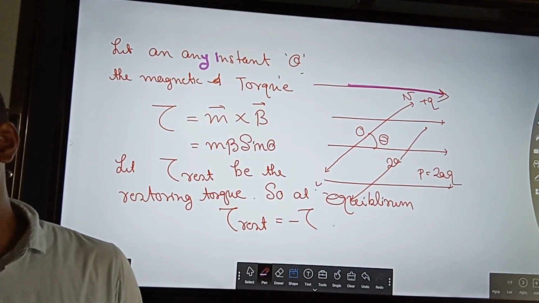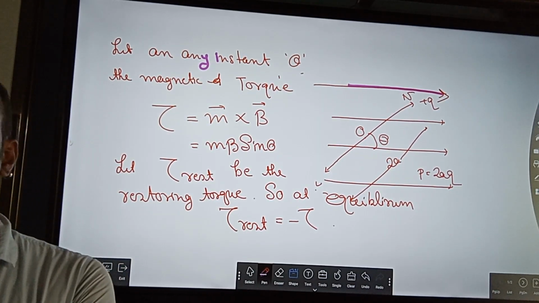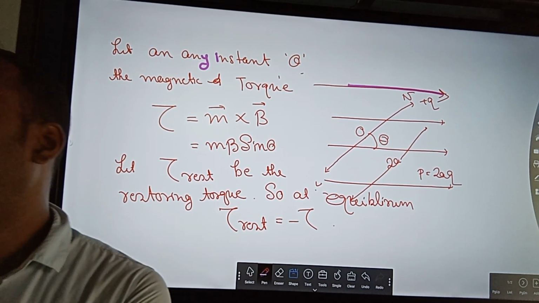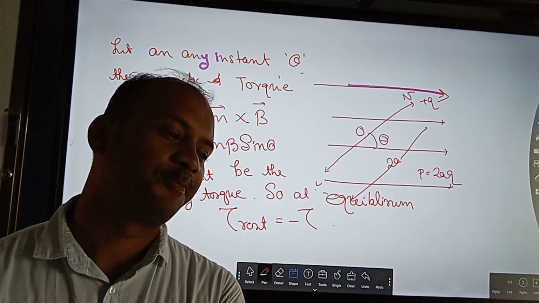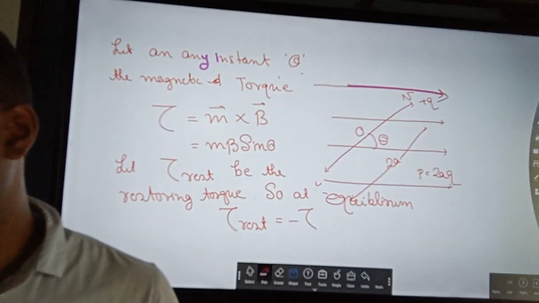The minus sign indicates the restoring torque, which opposes the deflecting torque.